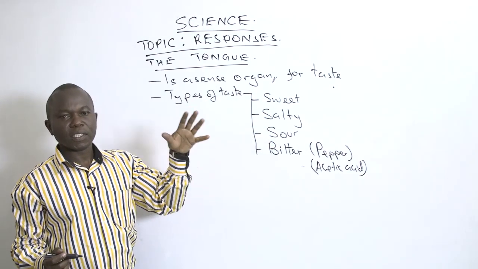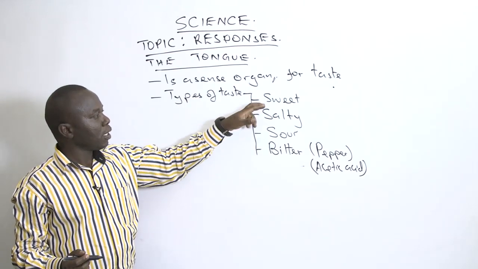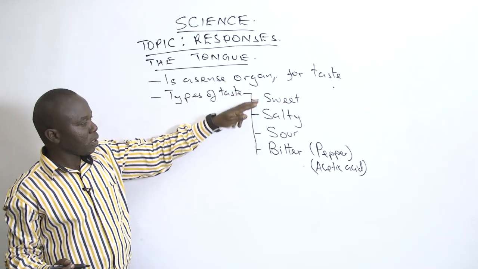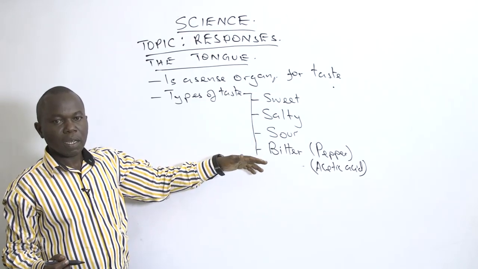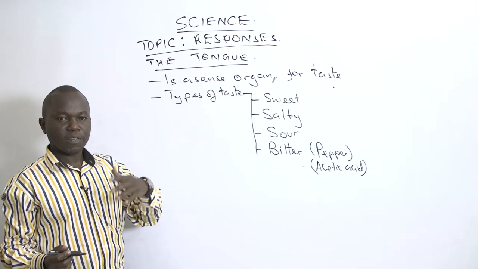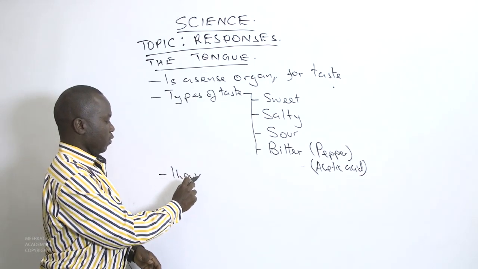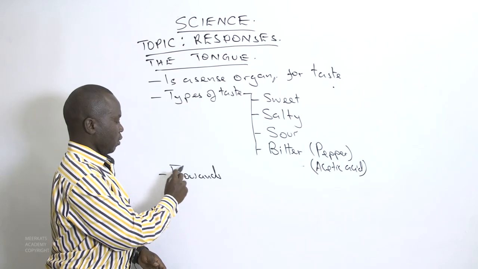But we have different types of tastes that are intermediate, in between sweet and salt, sweet and sour, sweet and bitter. Thousands of them. Thousands of tastes exist.